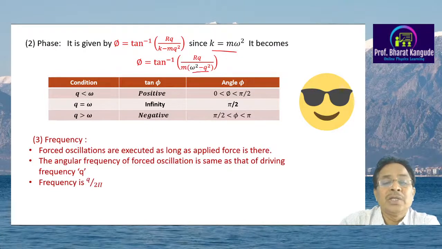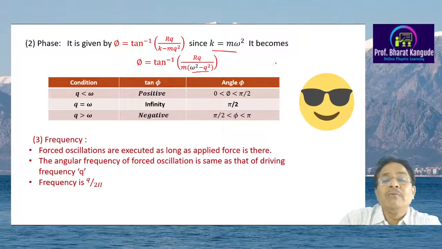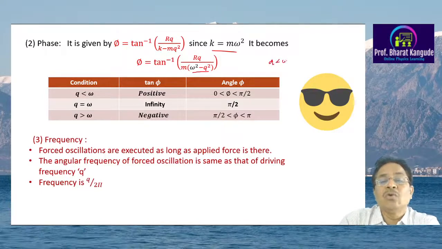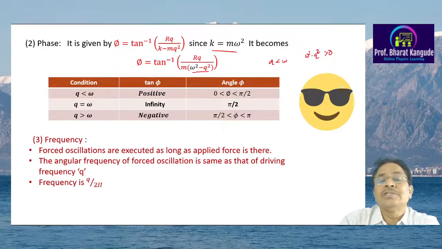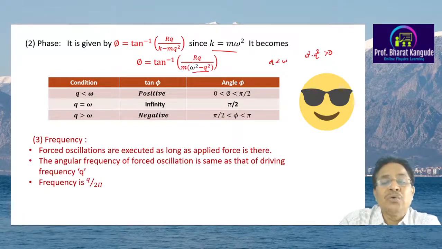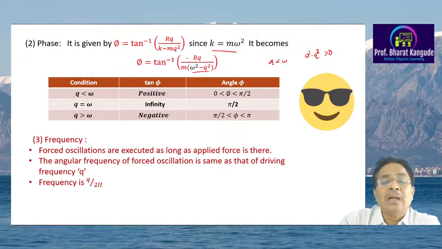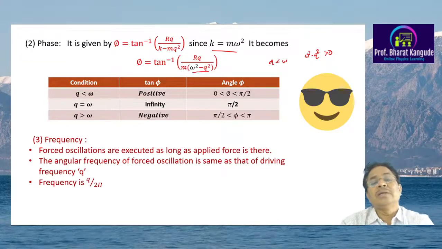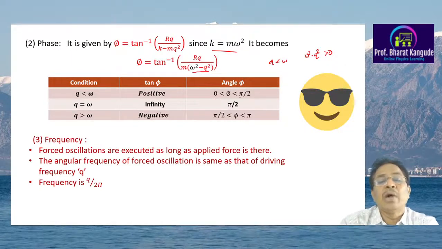When q is less than omega, omega square minus q square will be positive, greater than 0. Therefore I'll get rq upon m into a positive number, so the entire number will be positive, and the angles for which tan is positive are between 0 and twice pi.